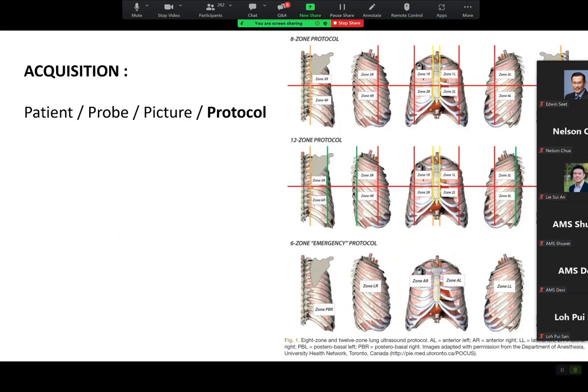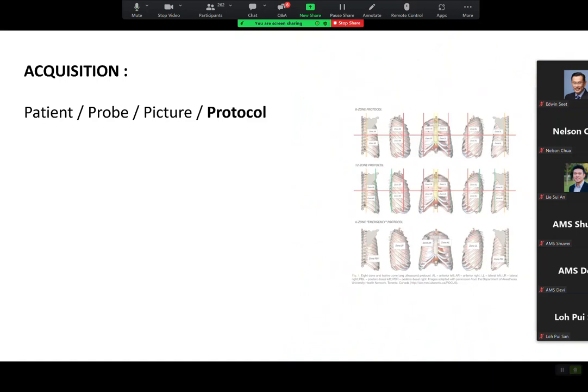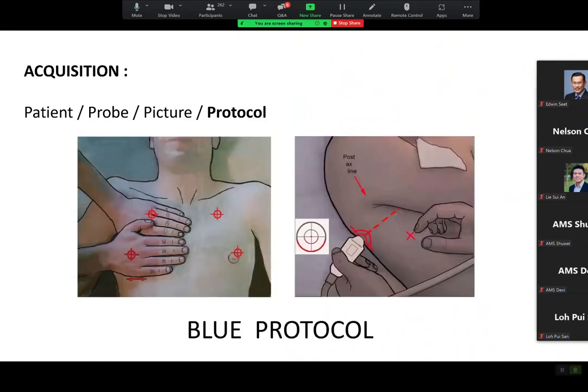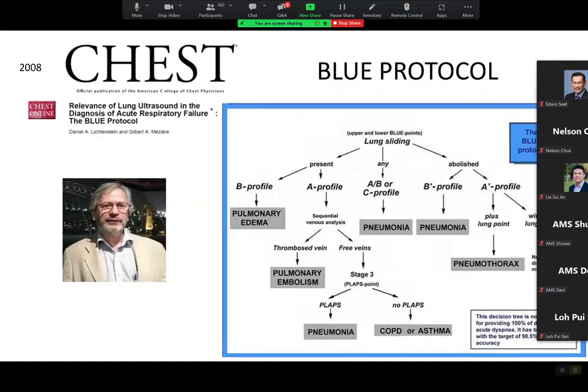Okay, in terms of protocols for acquisition, there are a number of protocols described. You can either divide each hemithorax into 8 zones or 12 zones, or in an emergency, you can just use six zones on each side of the chest. The BLUE protocol was described by David Lichtenstein, a French intensivist.